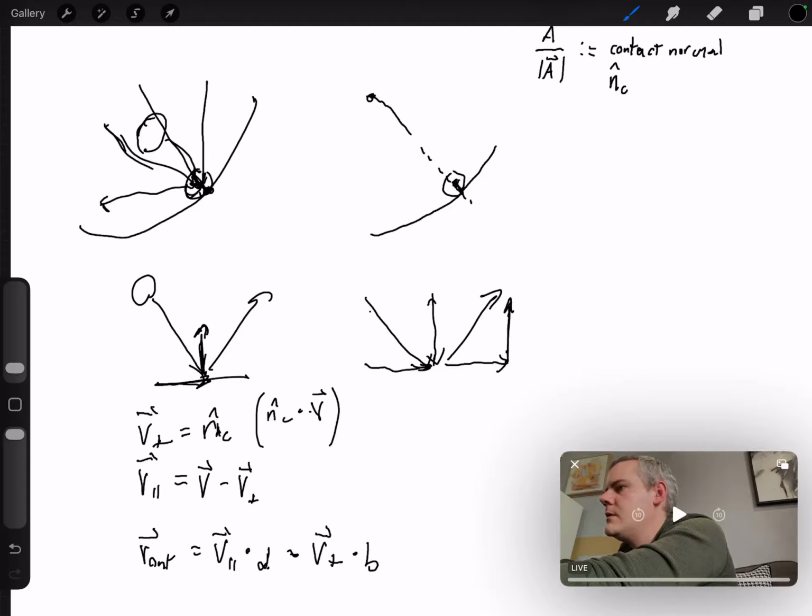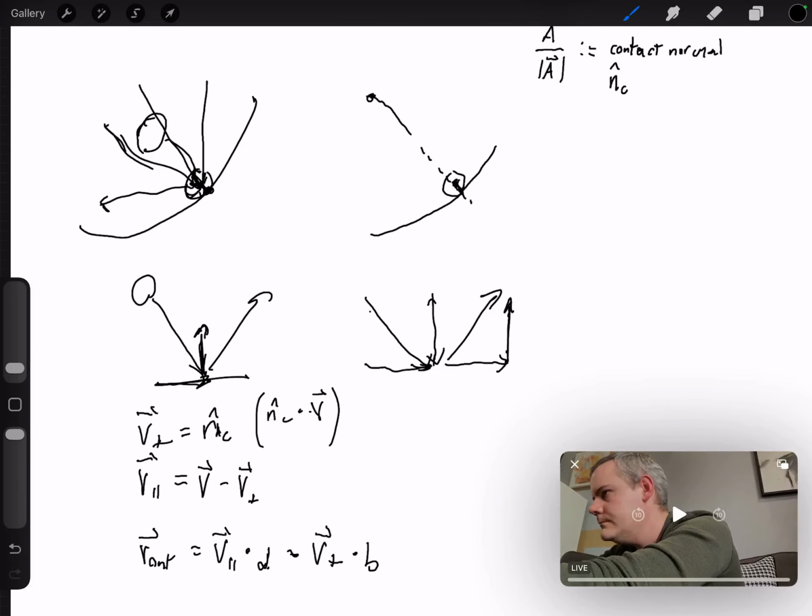Okay, so also while we're here, print the parallel velocity. And the new perpendicular velocity.